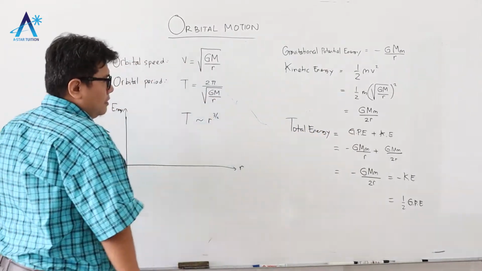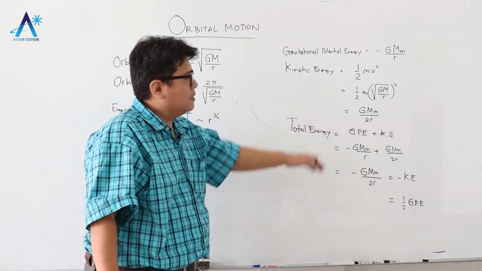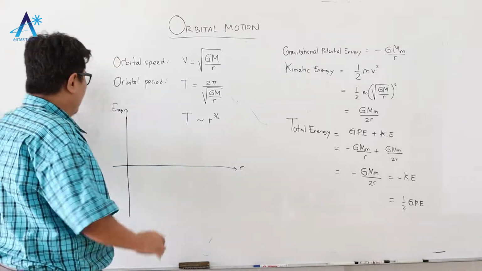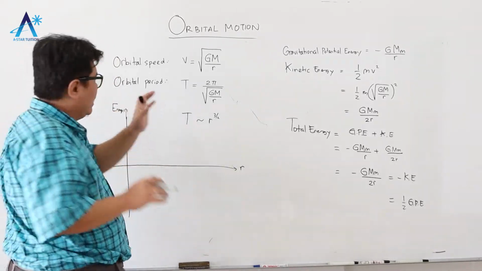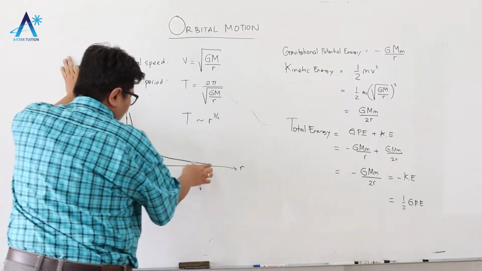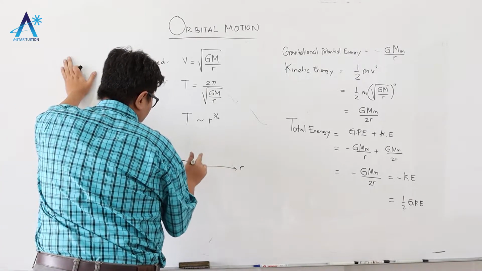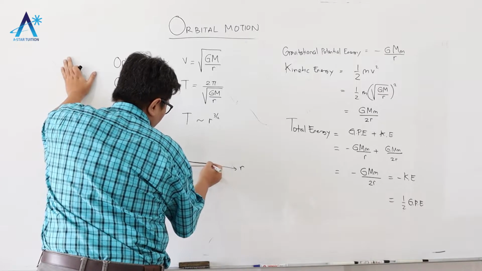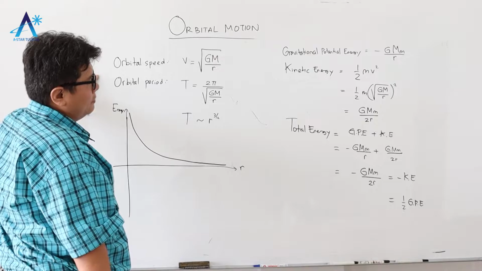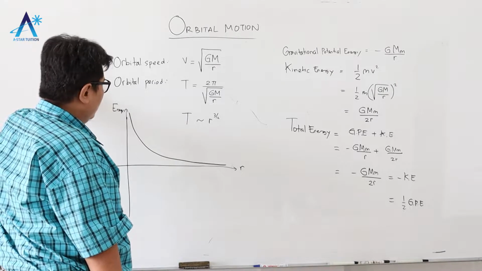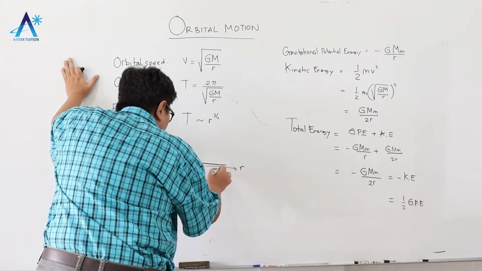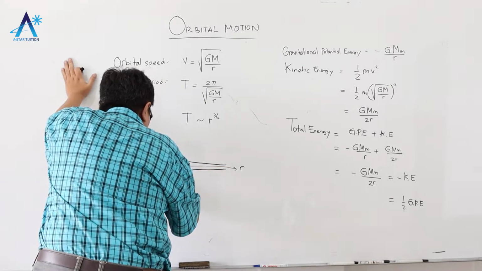Obviously I assume that the two masses don't change during the orbital motion. So here, this is the graph of the kinetic energy as a function of distance, and then the total energy is this.